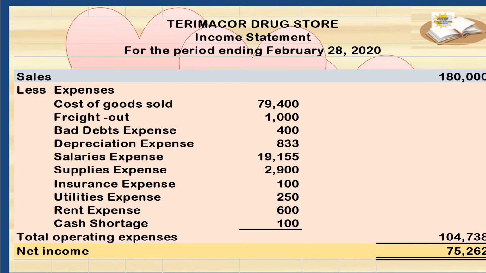For presentation purposes, we also have the single step. In the single step, you only have the revenue and the total of all the expenses to come up with your net income. This is a $2 photo of the Terimakor Drugstore. It does not present much information except the total revenue and total expense.